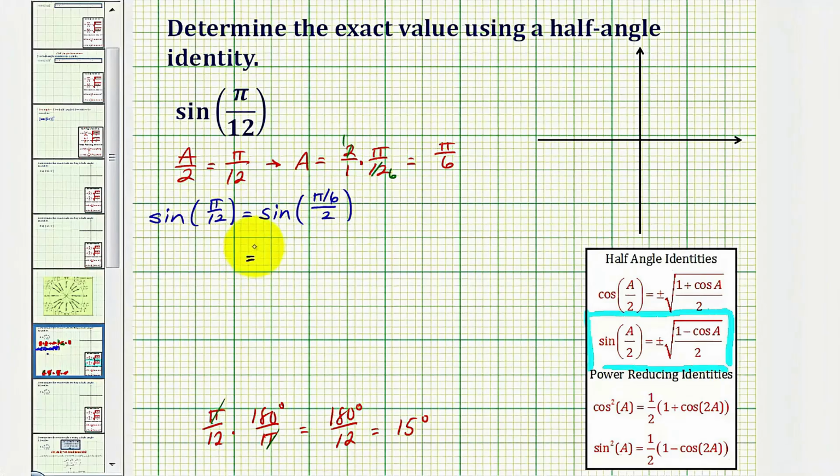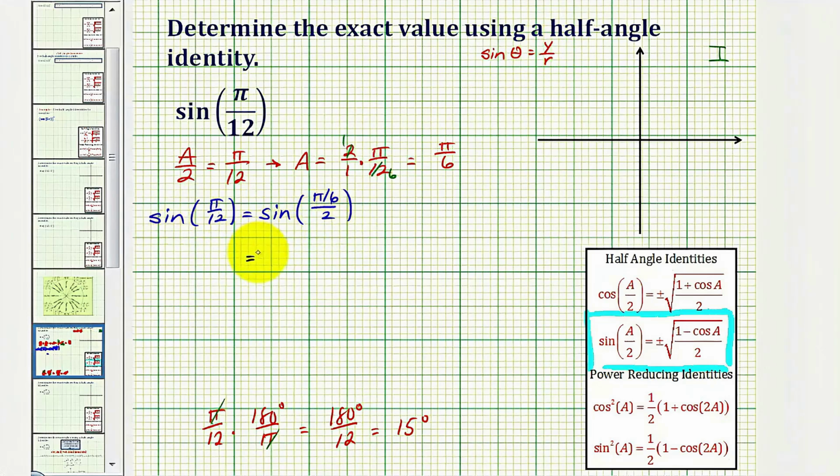And now before we apply this identity, let's determine whether the sine function value is going to be positive or negative. Well, since pi over 12 radians, or 15 degrees, is in the first quadrant, where both x and y are positive, and sine theta is equal to y over r, we know r is always positive, and now we know that y is positive, and therefore the sine function value is going to be positive.